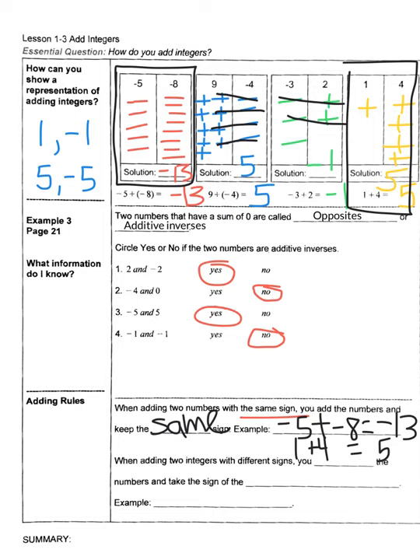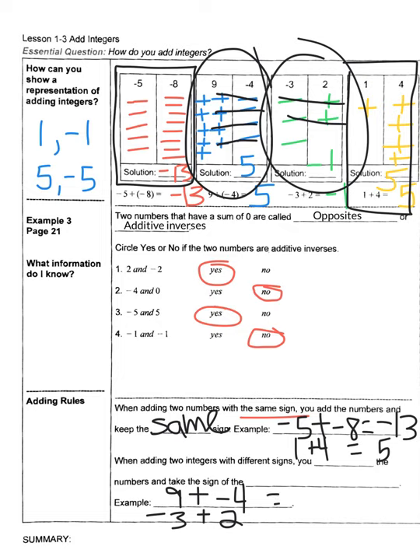But what happens when you're adding integers with different signs? Okay, this one gets a little tricky. Let's go ahead and I'm going to circle my 2 in the middle up here that have different signs. I have the 9 and the negative 4, 9 plus negative 4, and I have the negative 3 and the 2.